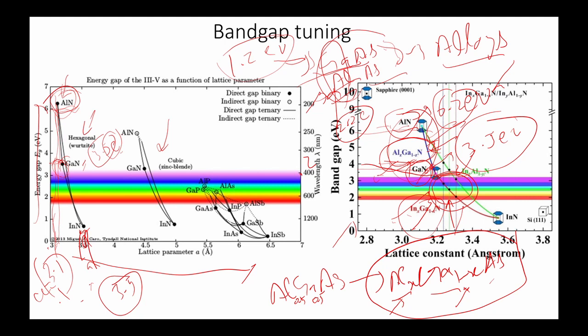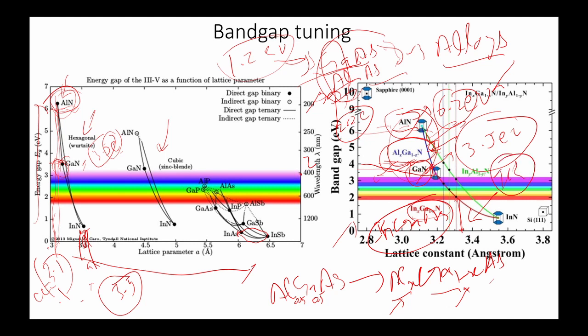And this region, which is below the red, is indium gallium arsenide. Its band gap is very small, below 1 electron volt, so it is used to detect light in the mid IR region, in the IR region.